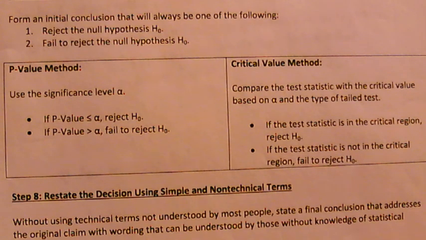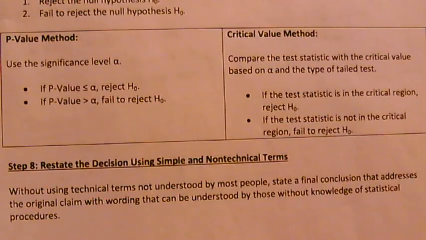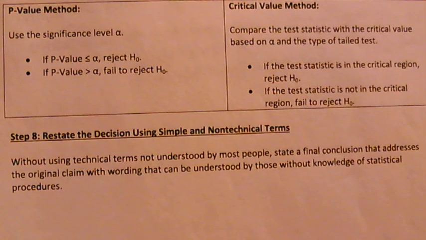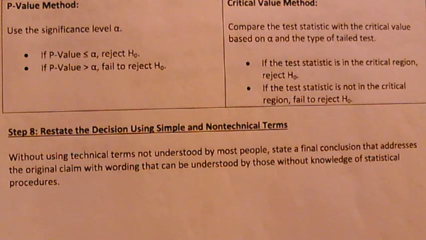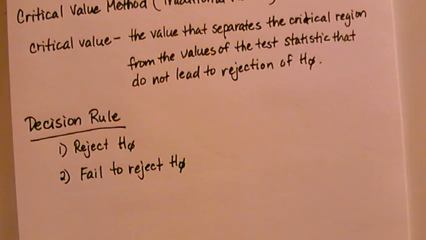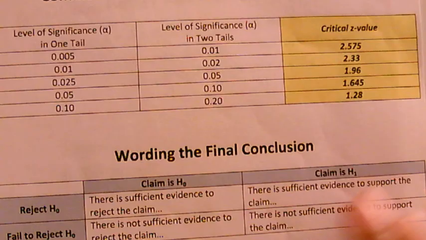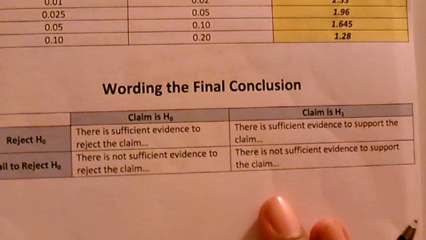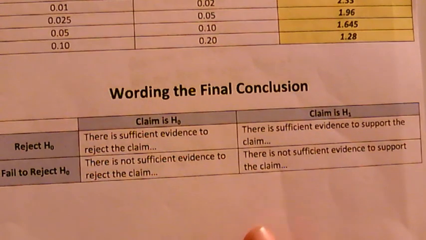Okay, and then the final step, which is step number 8, that's restating the decision using simple, non-technical terms. Okay, and also on your handout with your hypothesis testing procedure, this will help you in wording the final conclusion.